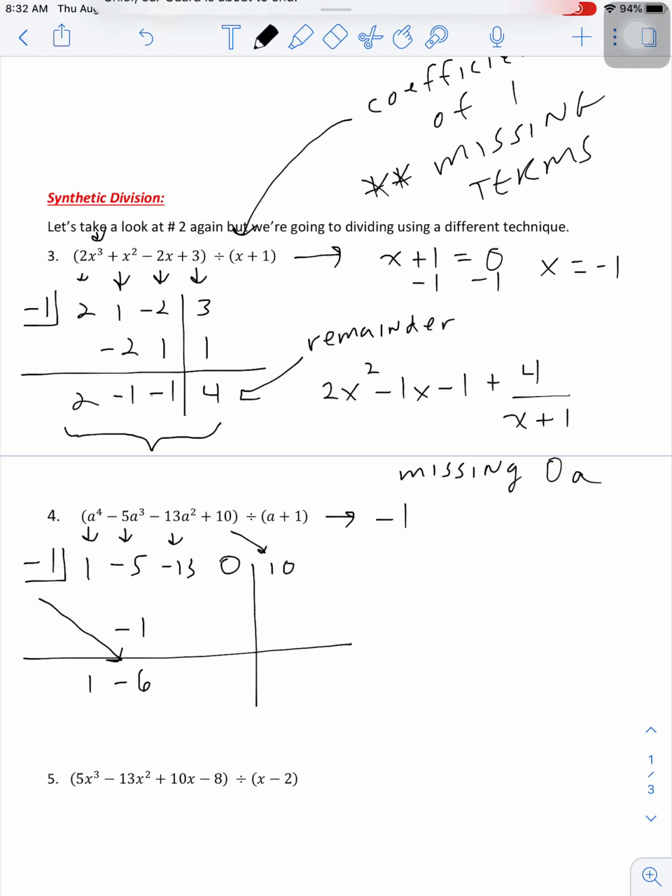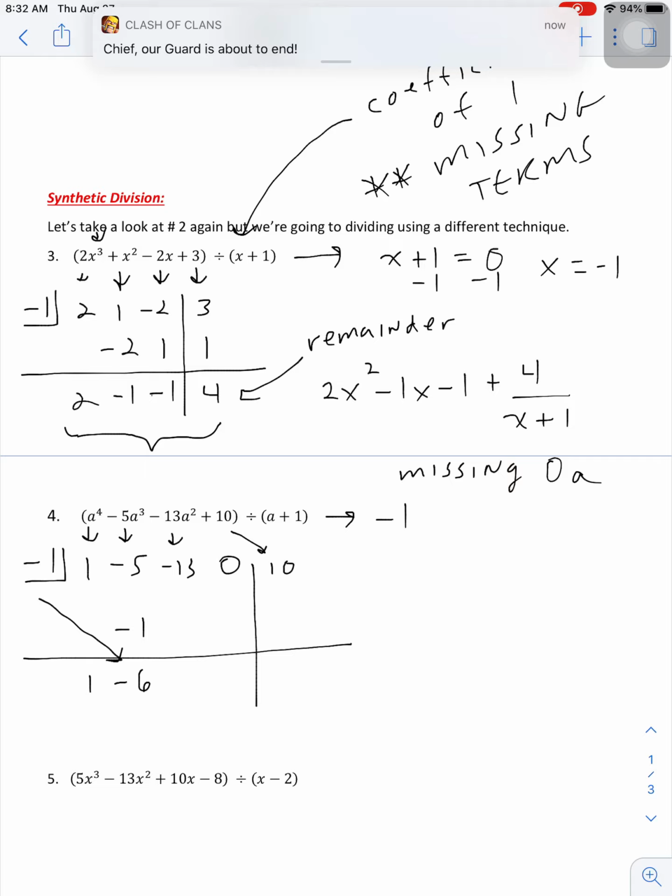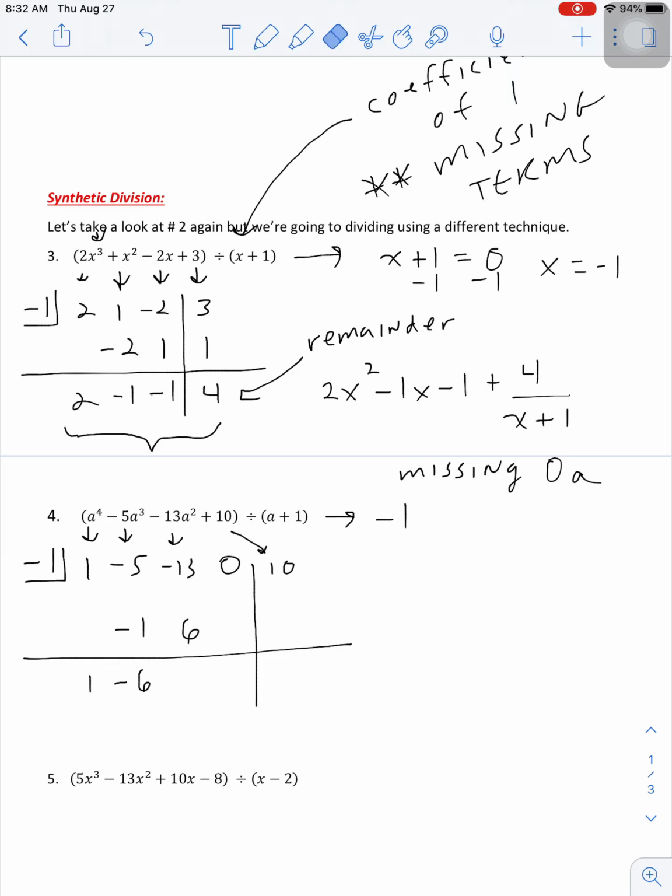Now I'm going to do -1 times -6, which is going to give me a +6, and then I'm going to add straight down. So -13 plus 6 is going to end up giving me a -7, and then -1 times -7 gives me a +7.